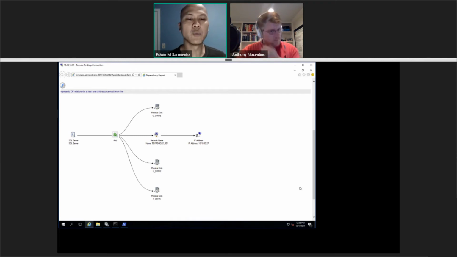What I mean by that is I won't be able to start my SQL Server service if my physical drives G, U, and F are offline, as well as my network name, the TDPRD CLS SQL CLS 01 network name. Which also means the amount of time it takes for me to bring my SQL Server service online is dependent on all of these 4 components, plus of course the virtual IP address, which is the 5th one.